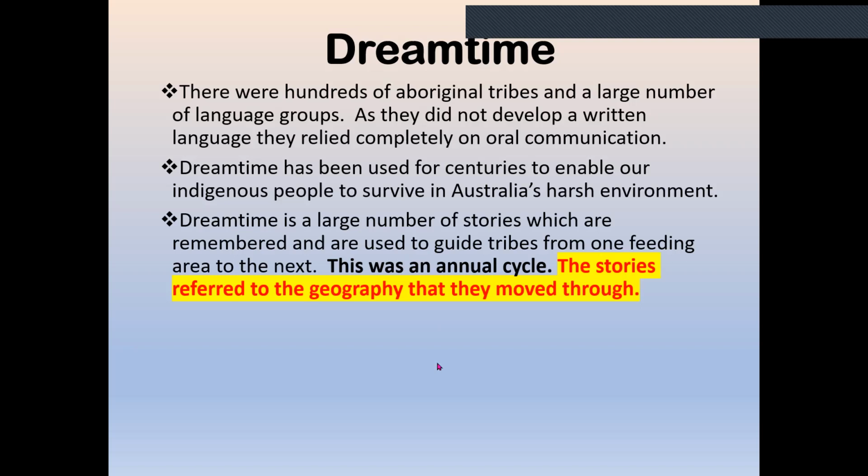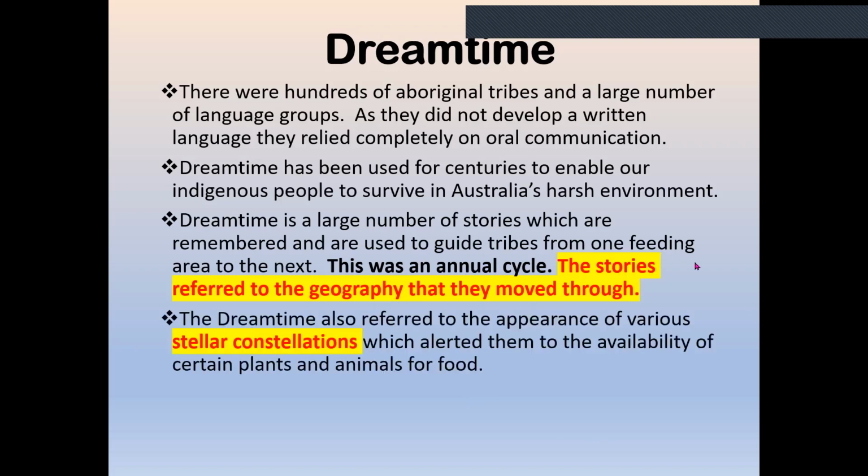It gave them the stories which they followed as a map, where they had to go to the next feeding area during a particular time of the year, where there was food in one area but not another area. So the stories usually refer to the geography that they moved through.